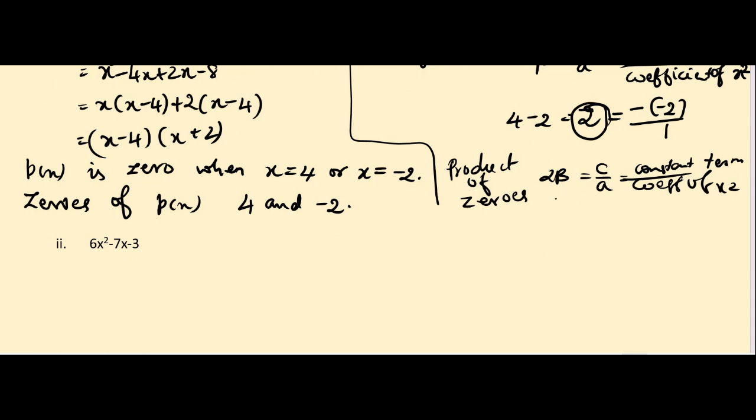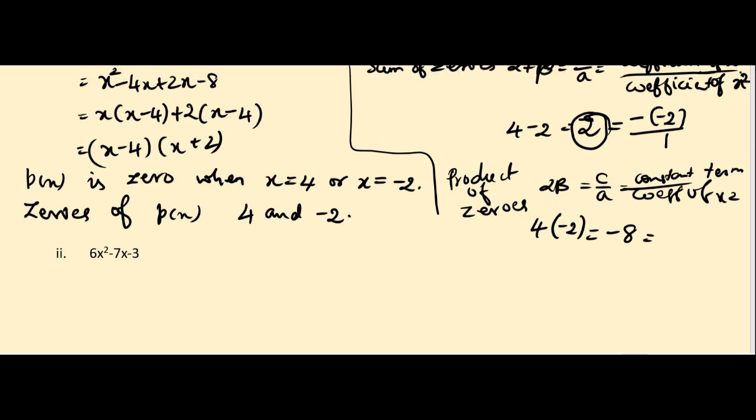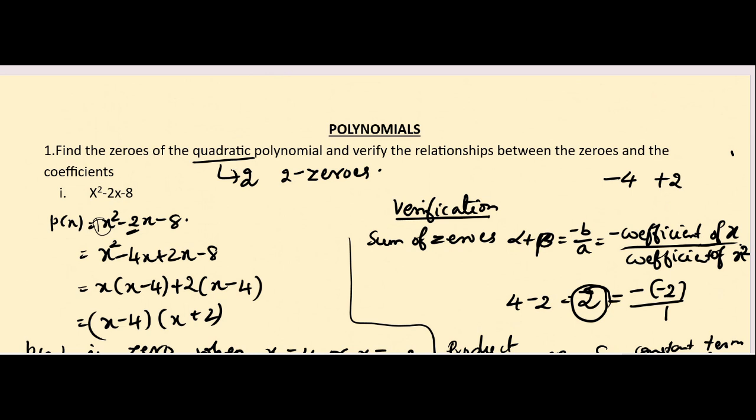So alpha into beta: alpha is 4 and beta is minus 2. So 4 into minus 2 is equal to 4 twos are 8, minus 8. See here, in the given polynomial x square minus 2x minus 8, the constant term c is minus 8 and a is nothing but 1.